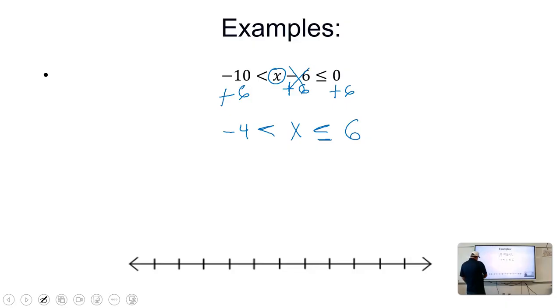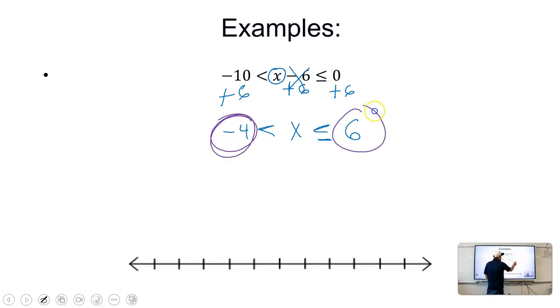Now let's go ahead and graph it. So remember, to graph it, we're going to use our boundary points. So -4 is a boundary point, 6 is a boundary point. So we're going to start with -4, -3, -2, -1, 0, 1, 2, 3, 4, 5, 6.